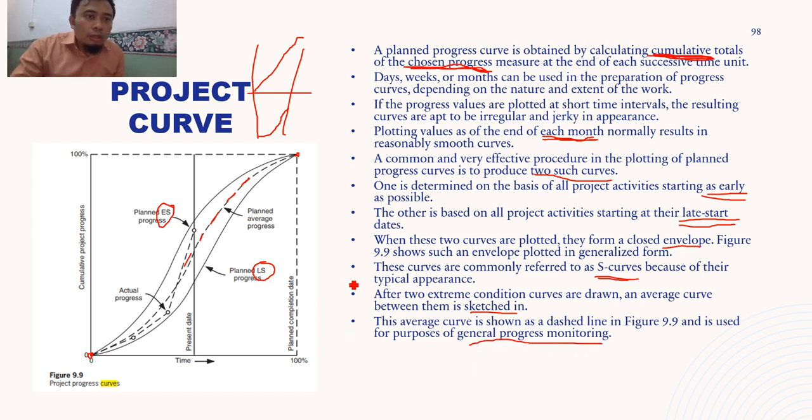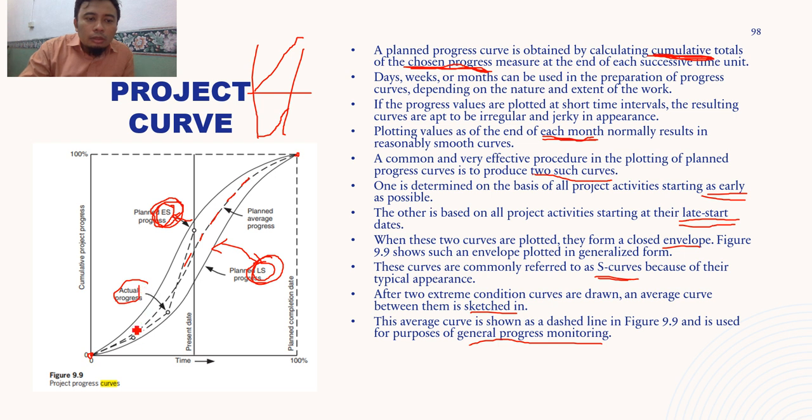So let's take a look at this graph. You can see here, this is your early start. The top one is your early start, and the bottom one is your late start. The earliest you can start is this curve, and the latest you should start is this curve. So you cannot exceed this curve. As shown in here, this is your actual progress.